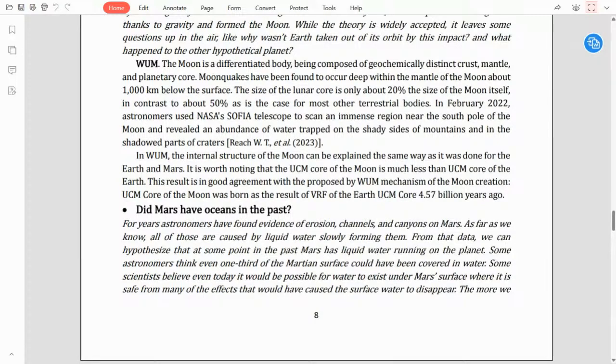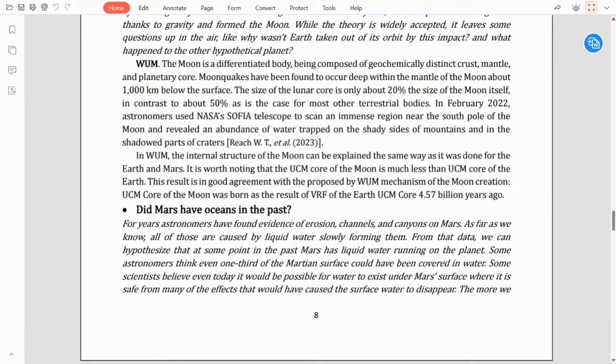The size of the lunar core is only about 20% of the size of the moon itself, in contrast to about 50% as is the case for most other terrestrial bodies. In February 2022, astronomers used NASA's SOFIA telescope to scan an immense region near the south pole of the moon and revealed an abundance of water trapped on the shady sides of mountains and in the shadowed parts of craters.